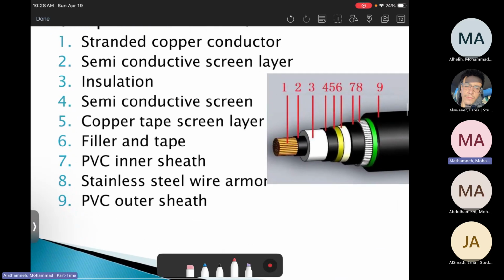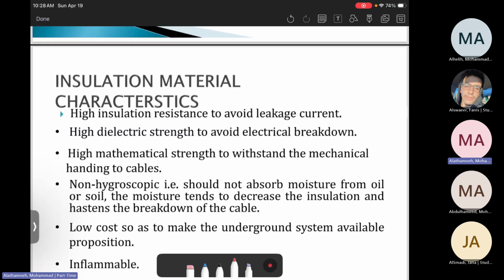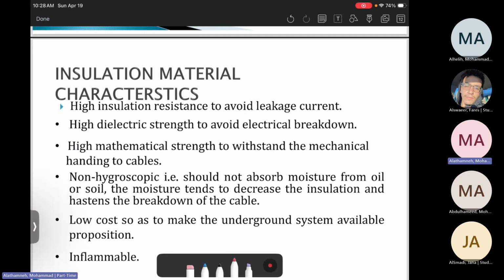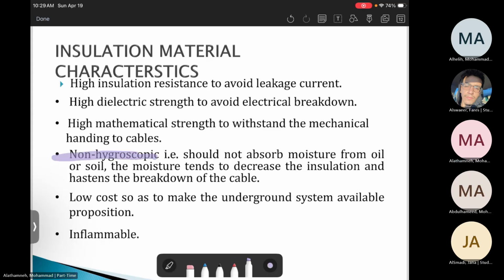Now again, this is the high voltage. We already talked about this, and we need to make sure the insulation has resistance to avoid any leakage currents, high electric strength to avoid any electrical breakdown, high mechanical strength so it can handle the mechanical handling of the cables, and non-hygroscopic, so it is not absorbing moisture.